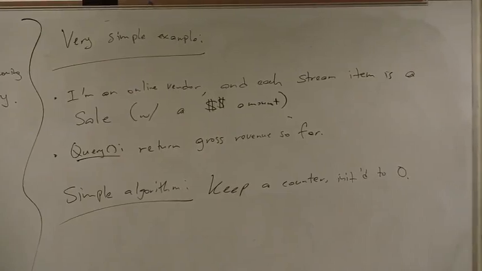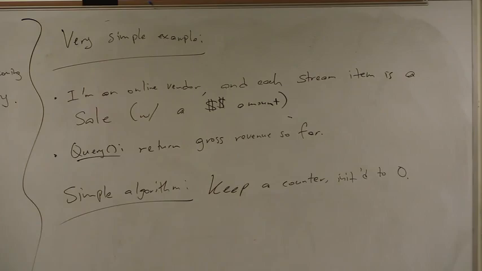So this counter is maintaining my gross revenue for the day. Now, am I remembering most of what I saw? No, I'm using very little memory. I only have basically one int in my memory. I don't need to remember the actual list of all sales that happened to be able to answer this query. This is just to give you something tangible right away, so you can realize this is not that abstract. This makes sense.